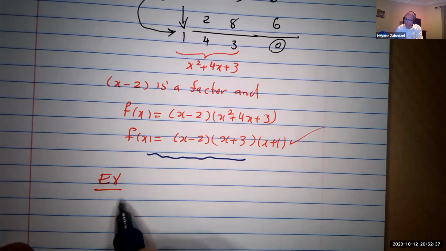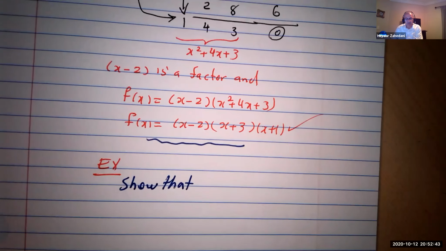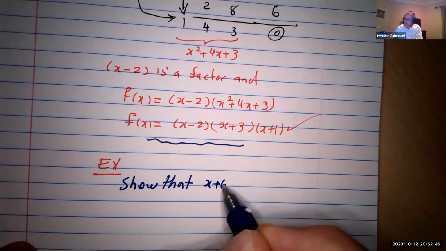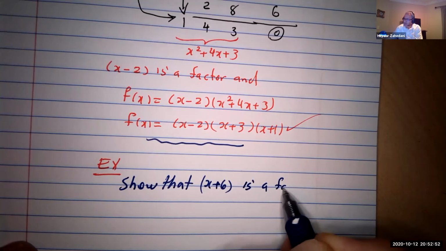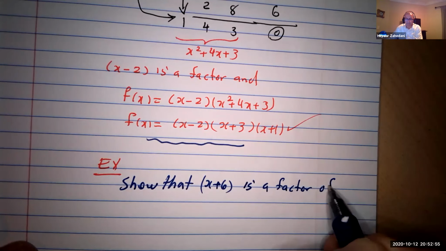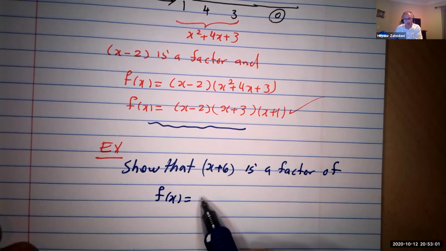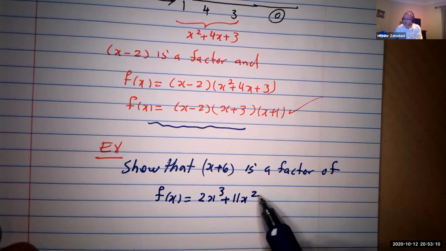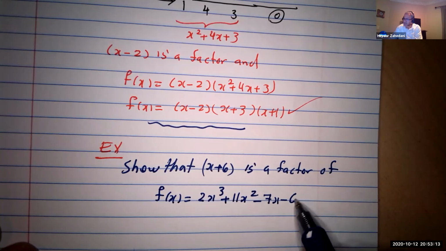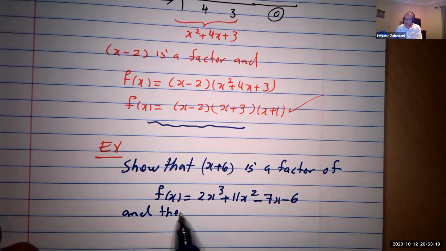We want to show that x plus 6 is a factor of this polynomial, f of x equal to 2x cubed plus 11x squared minus 7x minus 6, and of course then a complete factorization.